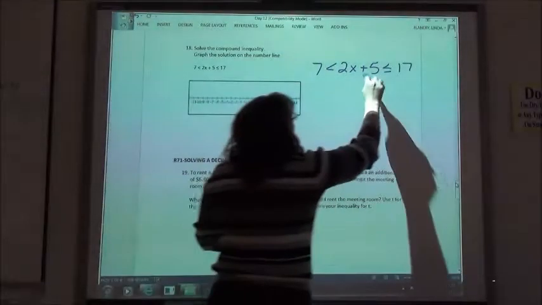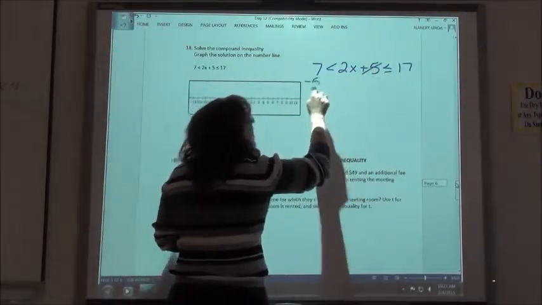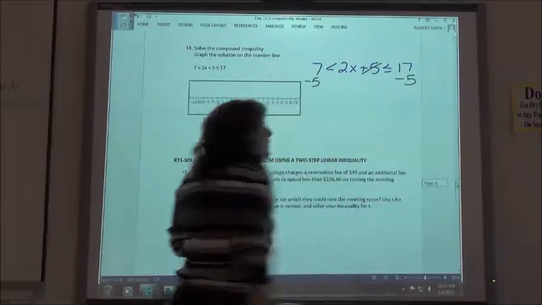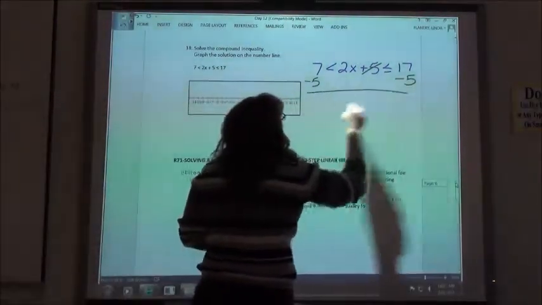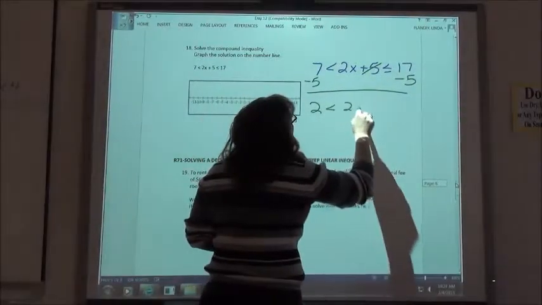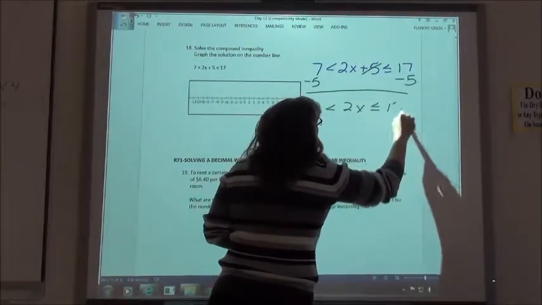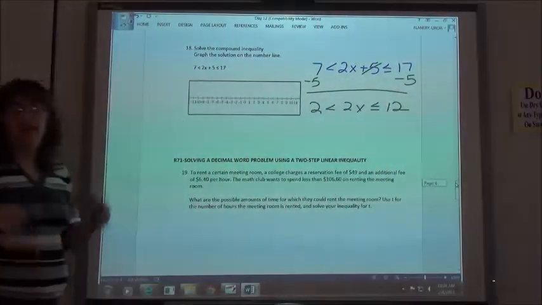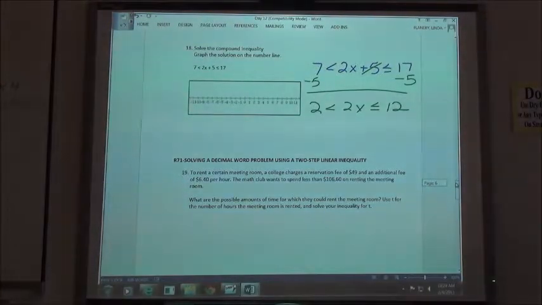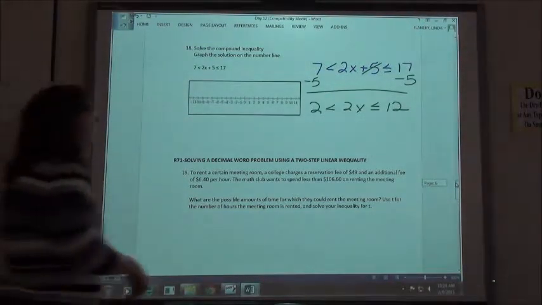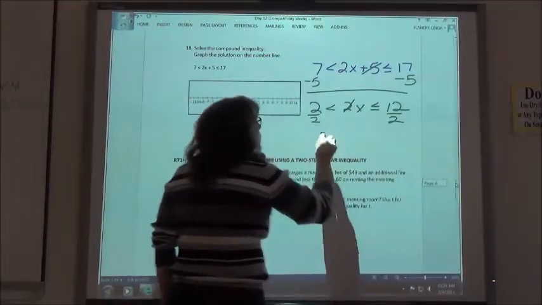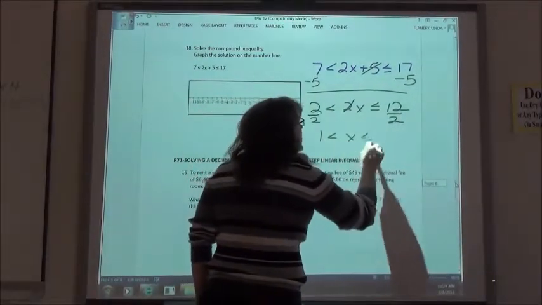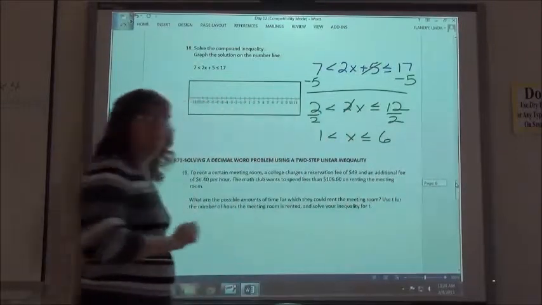So I'm going to get rid of the 5 from the middle, and I'm going to minus the 5 from both sides of my equation. So 2 is less than 2x, which is less than or equal to 12 then. Now I'm going to divide by 2. Again, I'm dividing by 2 on both ends. So 1 is less than x, which is less than or equal to 6.